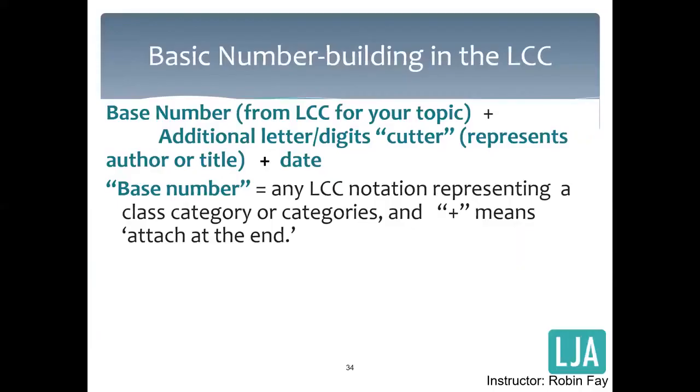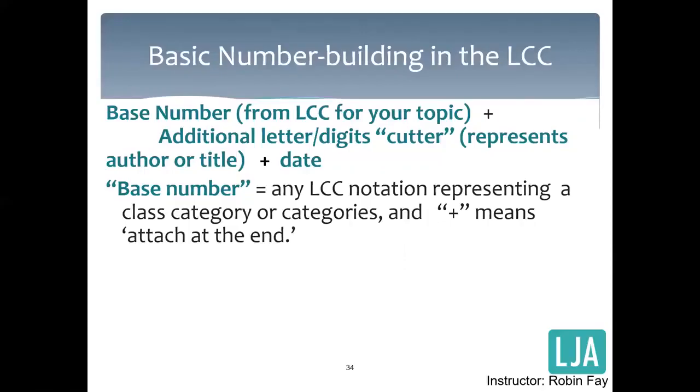So when you're doing your number building, you're going to look at the base number, and that's going to come from LCC for your topic. You'll be looking at the subject headings, your topics, and initially I'm going to give you the subject, so it'll be pretty easy to figure out. Then you're going to add your additional letters or digits, the cutter, which typically represents the author or title.